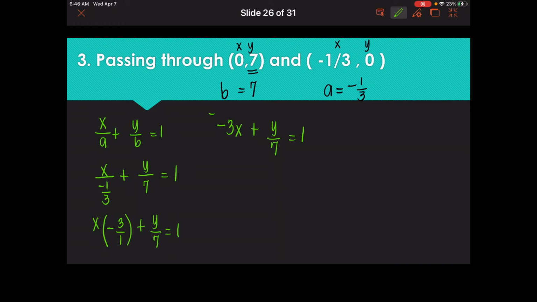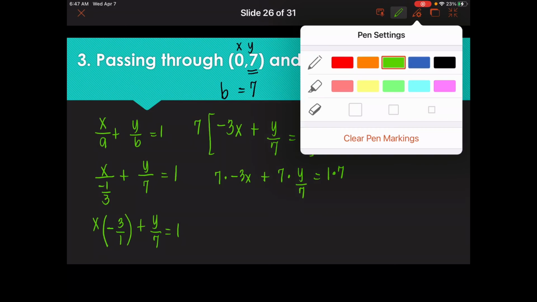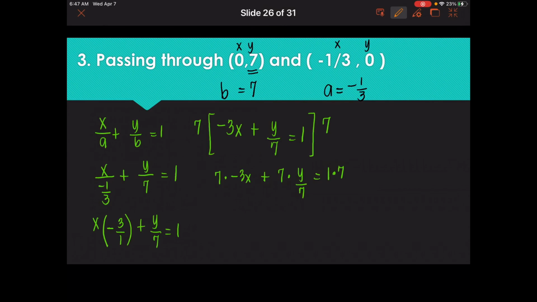Okay, so here we multiply both sides by 7 because 7 is our only denominator. So we have 7 times negative 3x plus 7 times y over 7 is equal to 1 times 7. Okay, and then let's simplify. So negative 21x plus 7 will be cancelled.